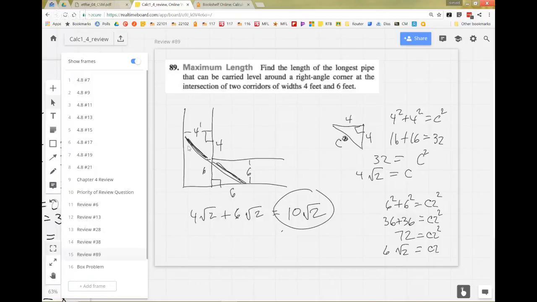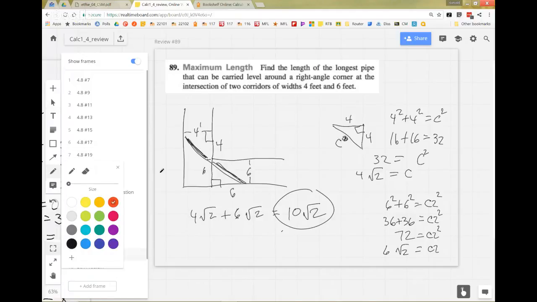Because if you tip this pipe, let's say, on an angle like this, where it's tipped more severely, then I think you can see, just look at this side of the pipe over on the left side here. This black piece is obviously longer than this red piece because it goes over, it goes into the corner more. So what I'm saying is, hey, when it's in 45-degree angle, it's going to get the maximum. The same is true down here. This piece of pipe is longer than that one.